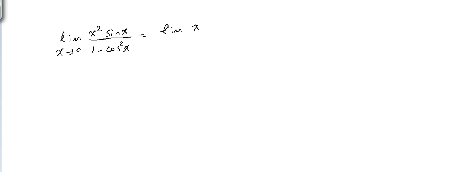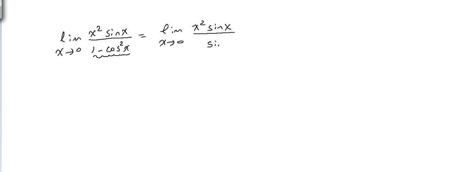Okay, we are ready. Limit of x squared sine x over 1 minus cosine squared x as x approaches 0, which is equal to the limit of x squared sine x over, as x approaches 0, what is 1 minus cosine squared x?